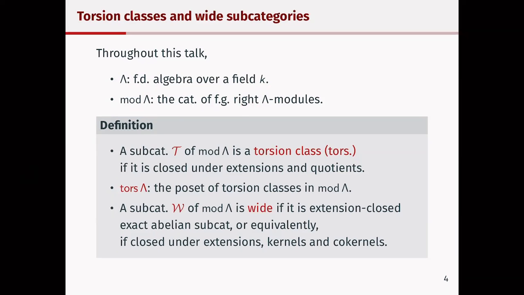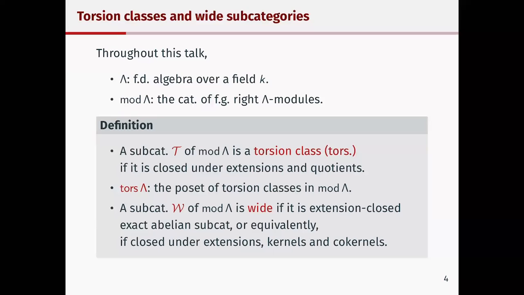A subcategory T of mod lambda is a torsion class if it is closed under taking extensions and quotients. We denote by tors lambda the poset of torsion classes in mod lambda. The poset structure is the usual inclusion relation.